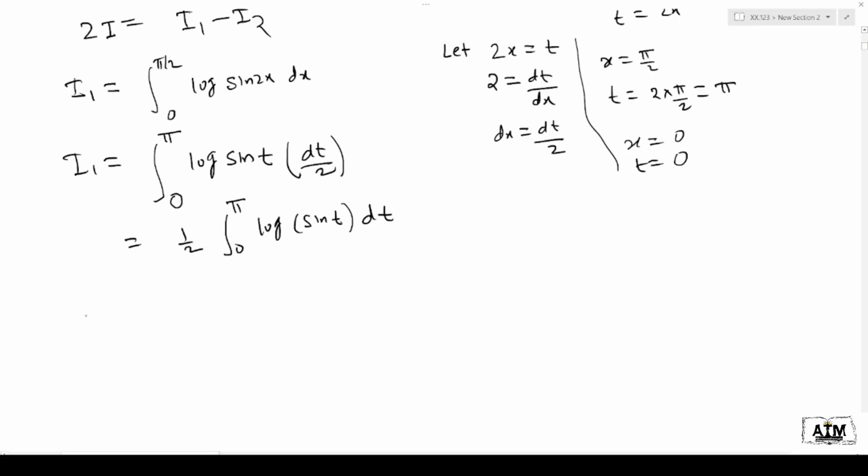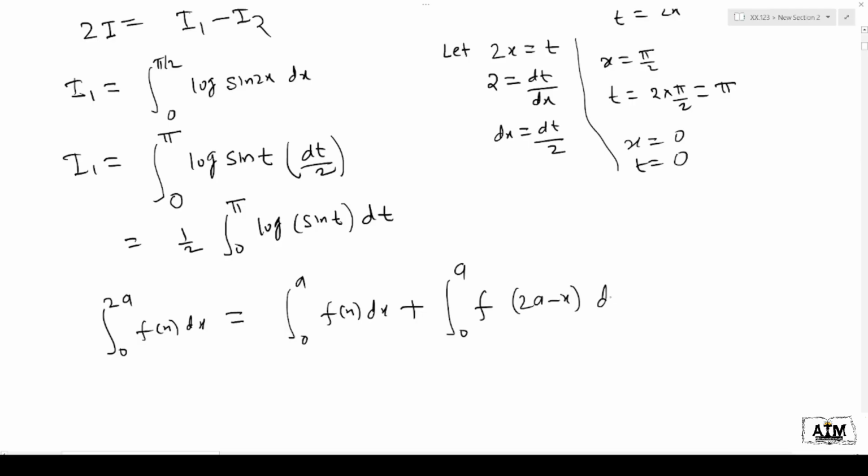Now applying the property of definite integration, that is, integral 0 to 2a of f of x dx equals integral 0 to a of f of x with respect to x plus integral 0 to a of f of 2a minus x with respect to x. This is an important property of definite integration.